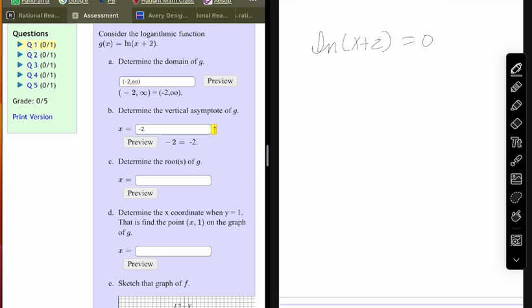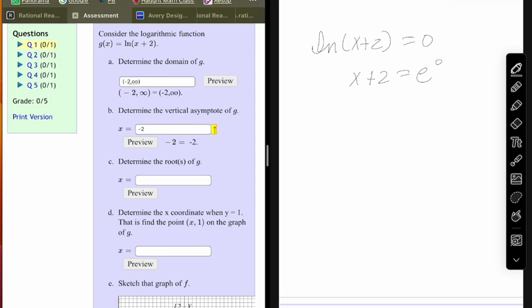Remember, 0 is a power. So if we wrote this in exponential form, we say where is x plus 2 equal to e to the power of 0. So if we switch from logarithmic to exponential, that's how we're going to solve it.